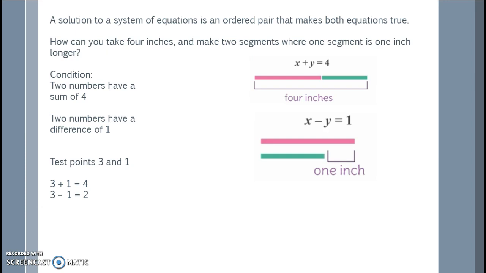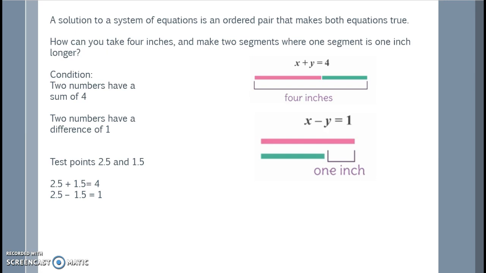So when I plug 3 and 1 in as my test points, 3 plus 1 is 4, but 3 minus 1, when I take the difference, is equal to 2. So those won't work. Let's try 2 and 2, because I know 2 plus 2 is 4, but 2 minus 2 is not 1. So maybe let's try a decimal.